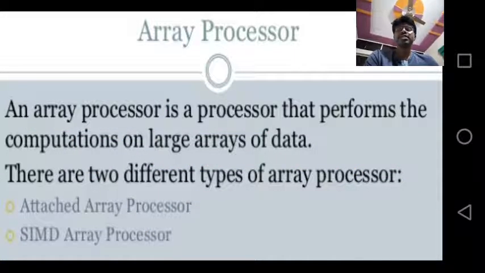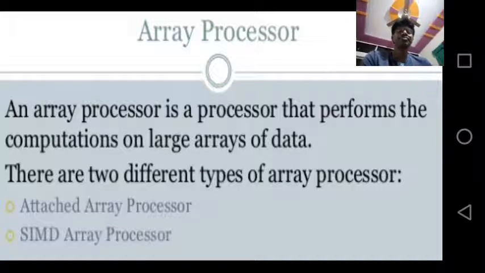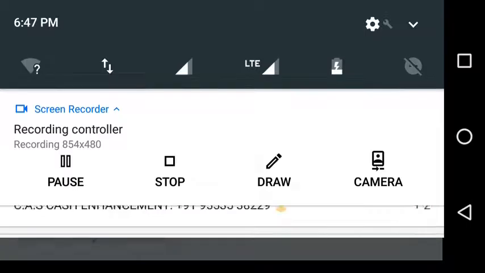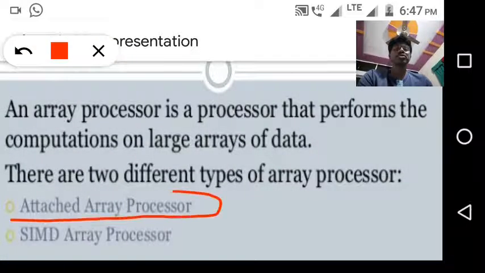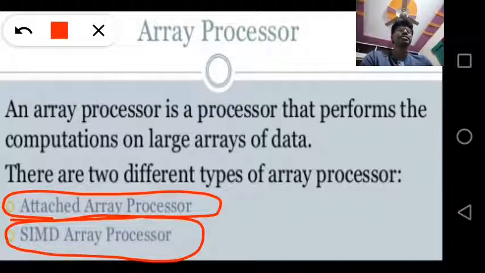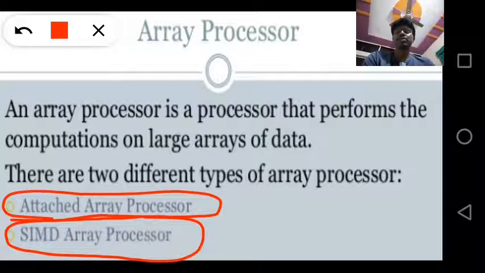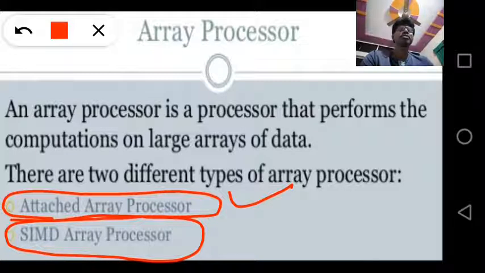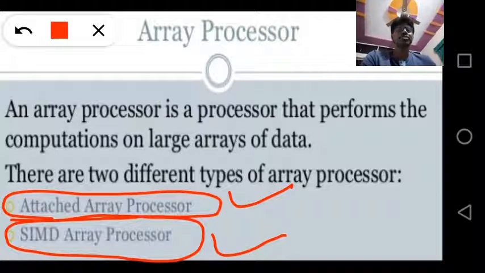Now we can see that there are two different types of array processors. One is attached array processor and the second one is SIMD array processor.